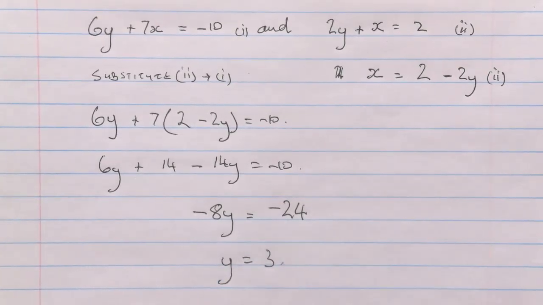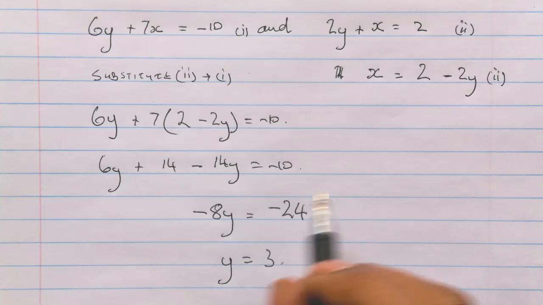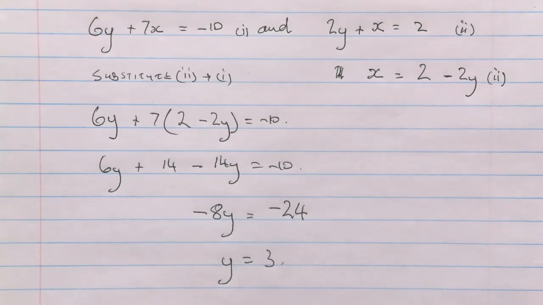If you are quick like that. Otherwise, you can write negative 8 over 8 this side and all of that. Right. We are in exams. You need to be sharp by now. Now I have my variable, which is y is equals to 3.